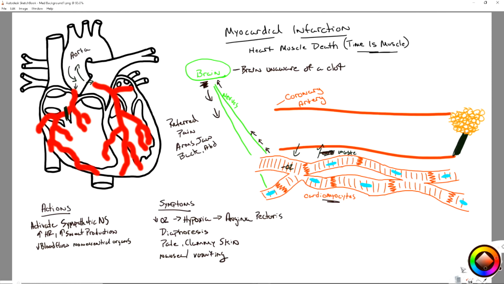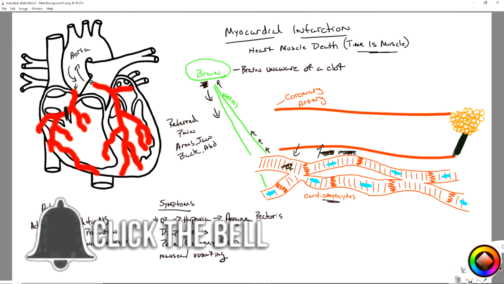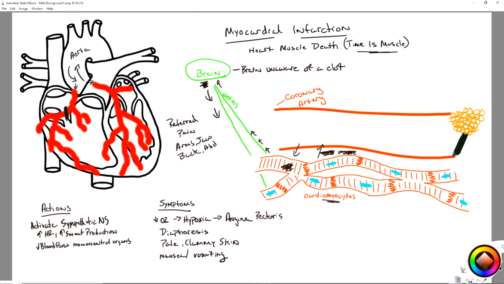Okay, so CO2 and waste products and oxygen are not getting into the cells. There's no more perfusion. So eventually these tissues, they die. They begin to die off. Okay? They start to have this cellular death.